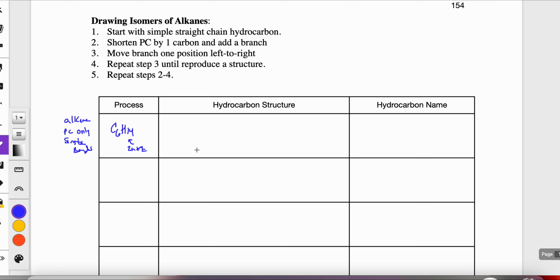So I like to do these systematically. I'm going to start with my simplest, which will be a 6-carbon chain. 1, 2, 3, 4, 5, 6, and I link them only together with single bonds. And this is the only one that I will actually draw in all of the hydrogens.